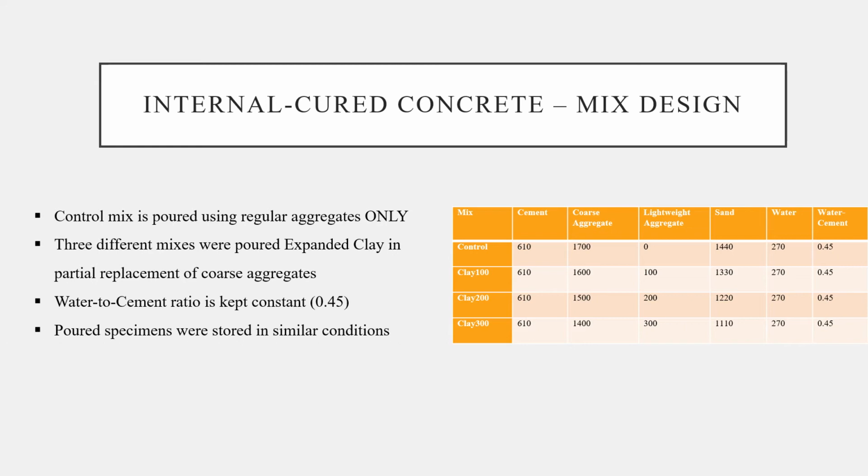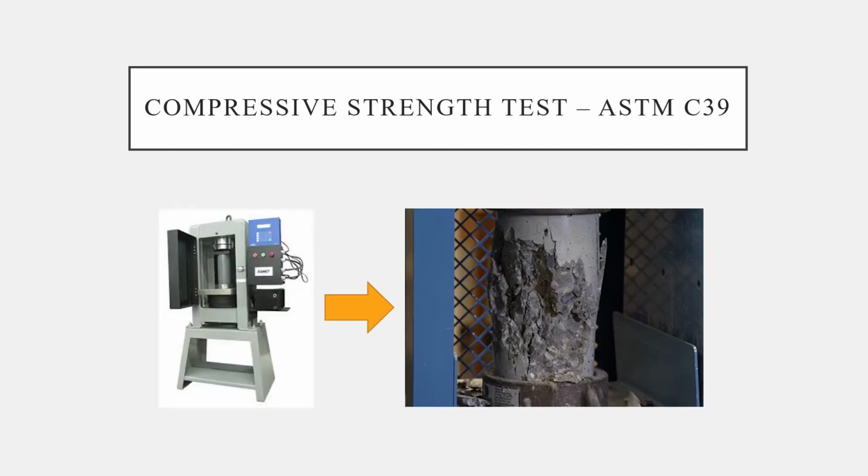Here in Clay 100, instead of using 1700 pounds of coarse aggregate, we're using only 1600 pounds, in addition to 100 pounds of lightweight. Here it's 1500 pounds of coarse aggregate and 200 of lightweight for Clay 200, and 300 pounds of lightweight expanded clay plus 1400 pounds of coarse aggregate for the mix Clay 300.